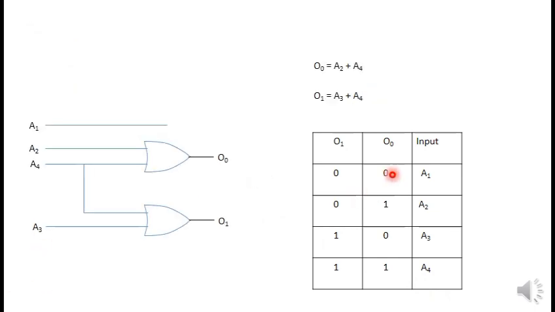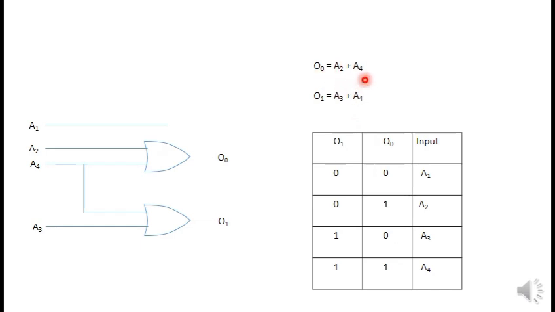Next we can see that O0 is only active when A2 and A4 are active. So whenever A2 is active, O0 will be active, and if A4 is active, O0 will be active.